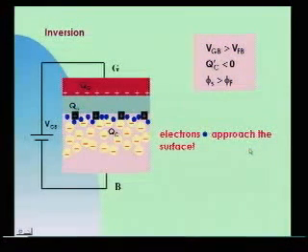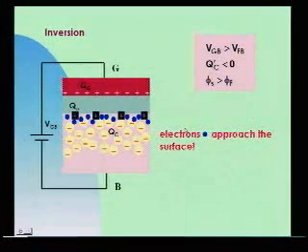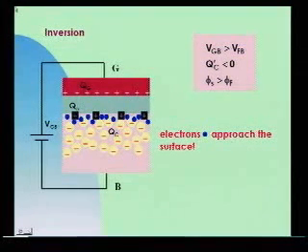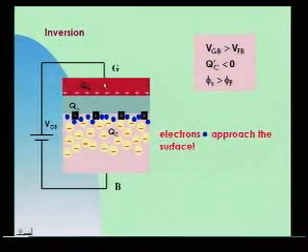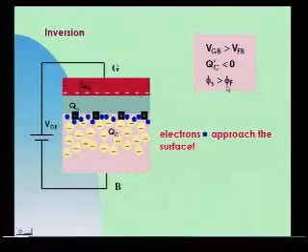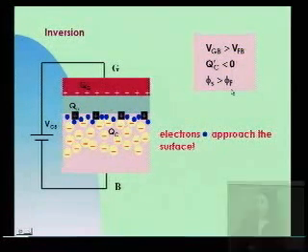And finally, you have the inversion. This is review for you, but I cannot keep myself from talking about it because of the things I will talk about afterwards. In the inversion, the surface potential is greater than the Fermi potential.